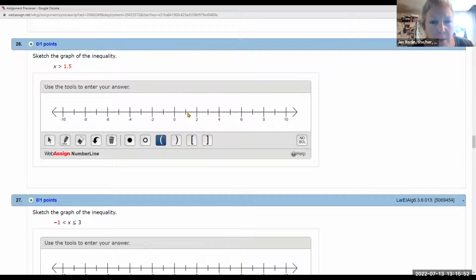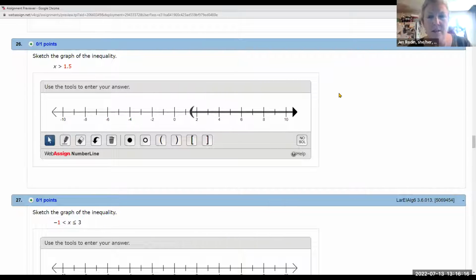Here's one that it'll probably mark me wrong if I did this one. Let's see. So like I said, if it happens to you, even once or twice that it's glitching on you, just stop and write it on paper and send it to me. It's old graphing technology that WebAssign still uses.